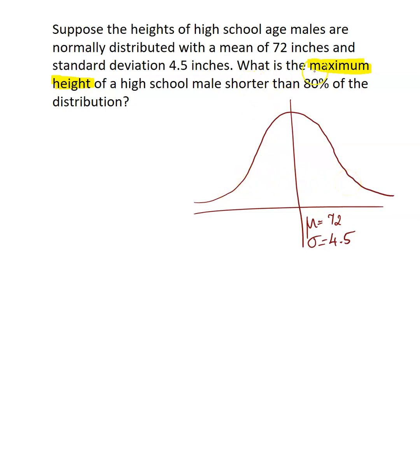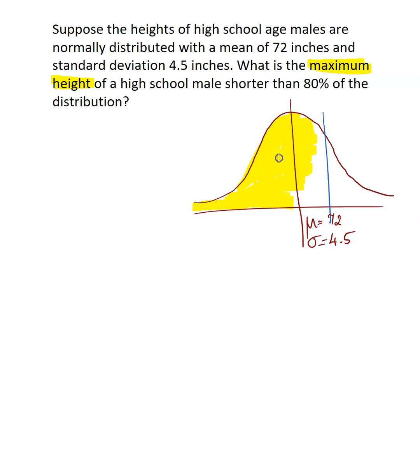So they're asking what is the maximum height of a high school male shorter than 80% of the distribution. So we can say if this whole thing is 50%, that means if I need just a little more from this side to make it 80%, I am going to shade it a little more here.